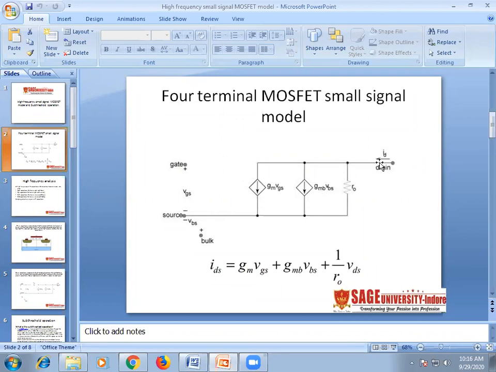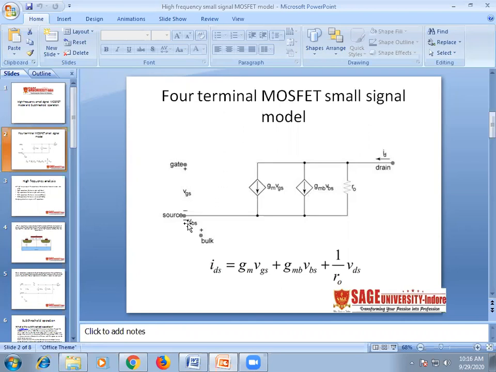One of them is the drain to source current given by GM VGS. Along with that, there is the drain to source current when the body to source voltage VBS is present. This contribution GMB VBS is because of the change in voltage between source and body. This parameter comes into play whenever you connect a large number of devices in series and parallel.